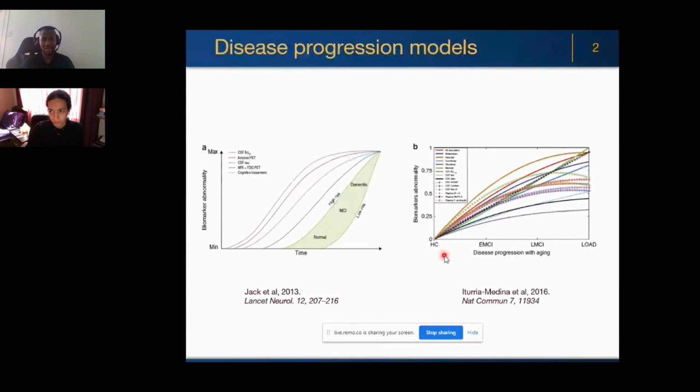So, how does tau influence amyloid, or how does glucose metabolism influence cerebral blood flow?